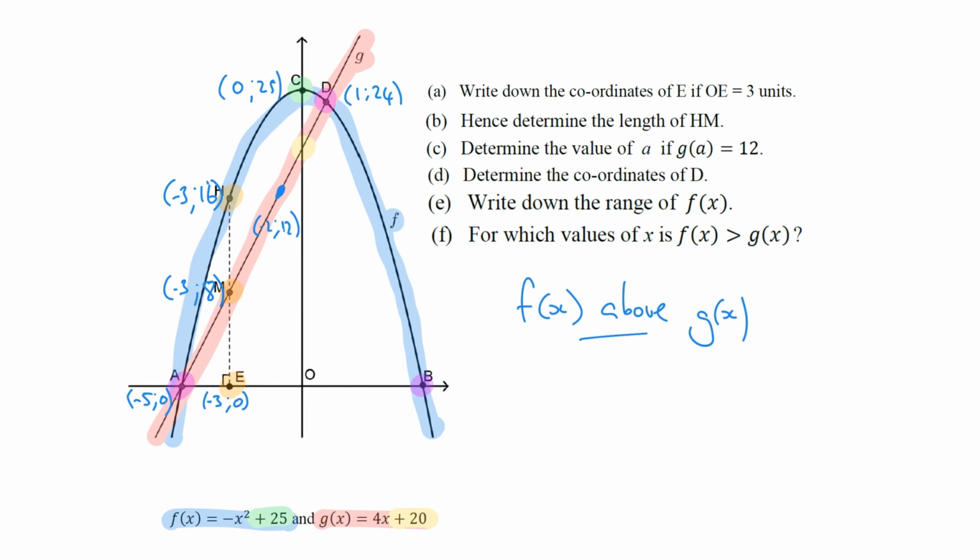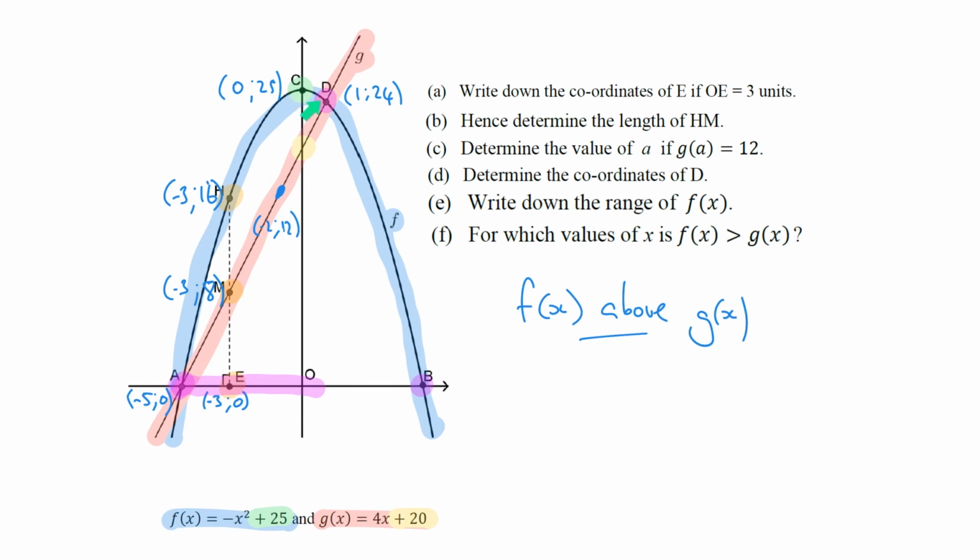So let's highlight our graph and see what's happening. So when is the blue graph above the red graph? Well, I'm going to highlight it in purple as we go. So as we're coming along from the left here, we reach point A. Before that, the red graph is above the blue graph. Then we reach A. And for all of this part here, the blue graph is above the red graph, still above the red graph, still above the red graph.